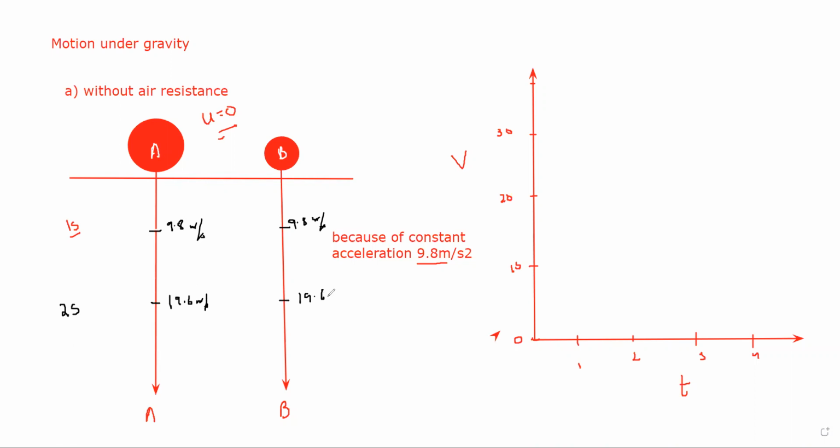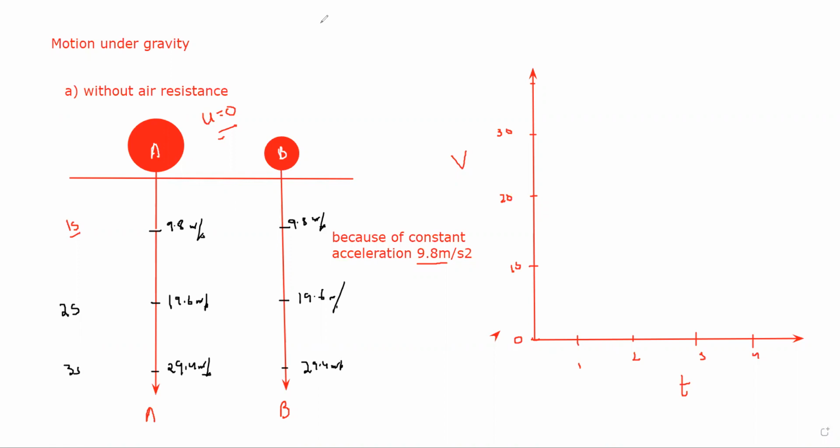Why? Because they have the same acceleration due to gravity, 9.8. And after 3 seconds, it will be 29.4 for A and the same 29.4 meter per second for B.